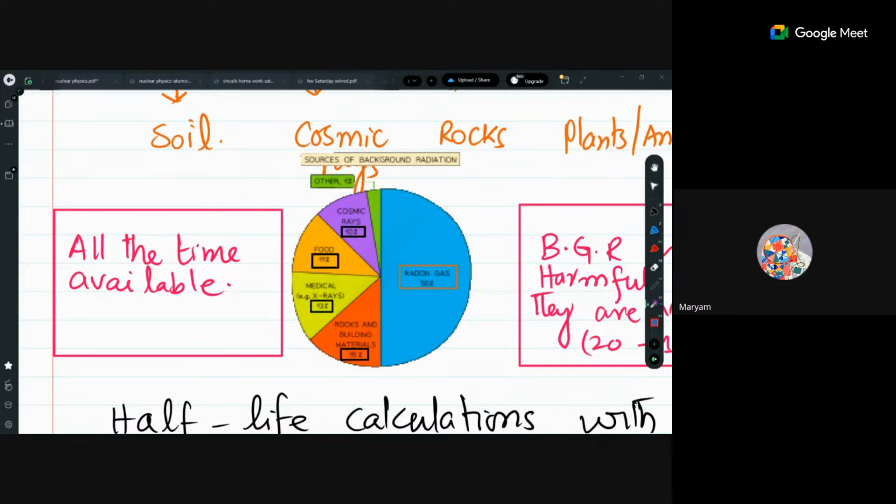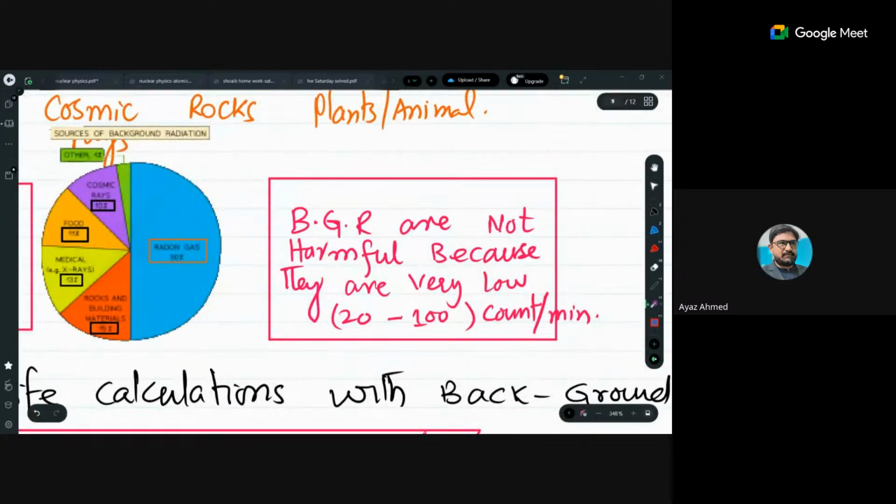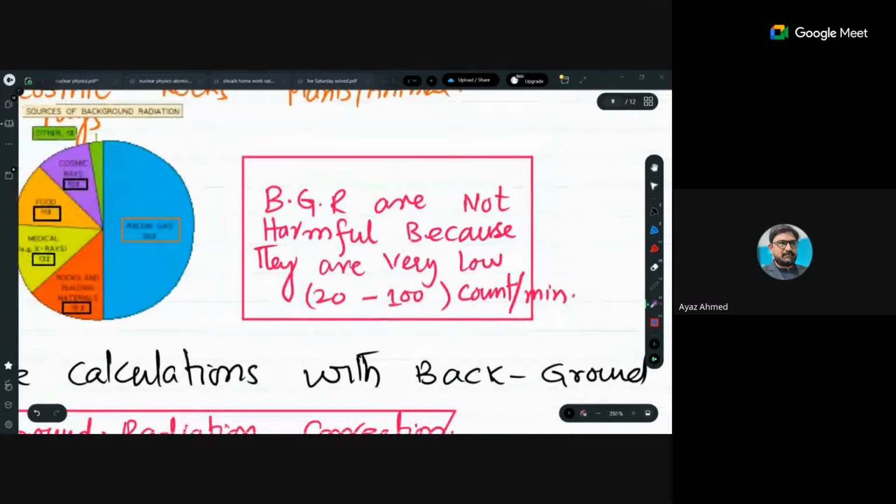Then there are some cosmic rays and some others. These are all the radiations which are available, but background radiations are not harmful because they are very low in number, and their count rates are 20 to 100 count rates.